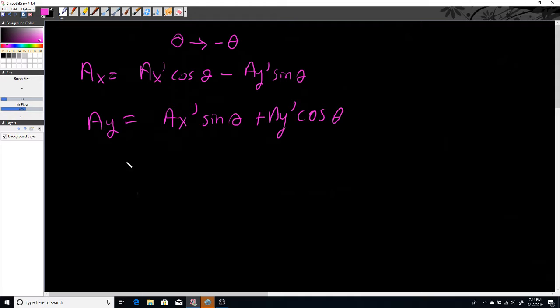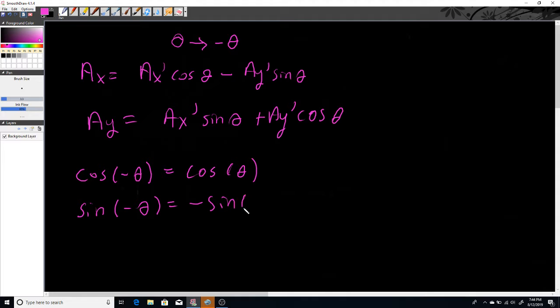So that means that we should review real quickly what the sine and cosine of negative angles are. We know from trigonometry that the cosine of negative theta is equal to just the cosine of theta. Negative and positive are the same. Now the sine of negative theta is equal to the negative of the sine of theta.